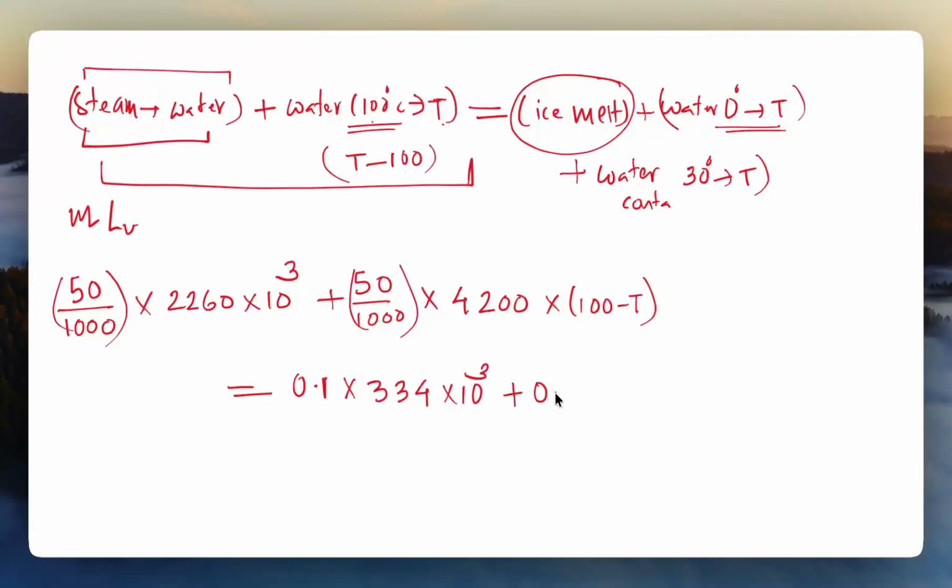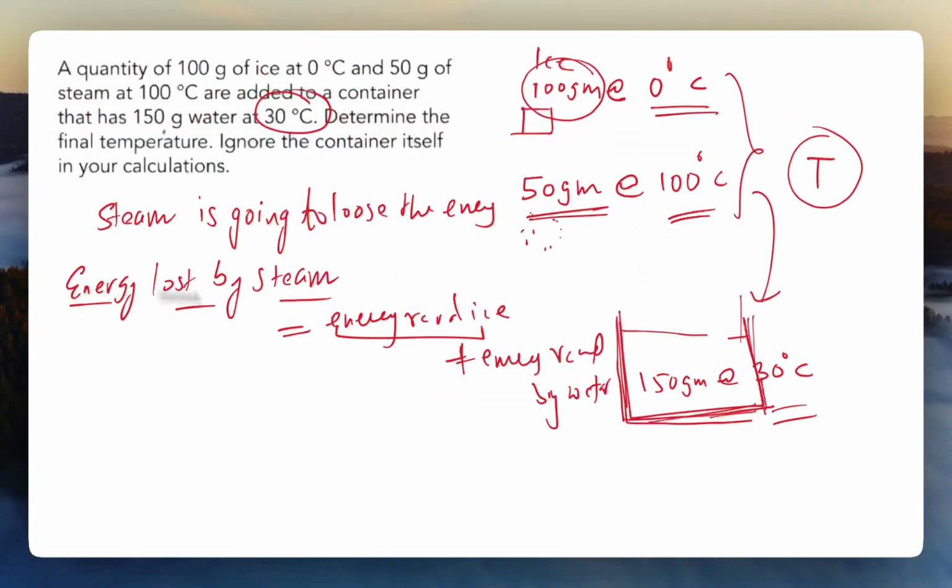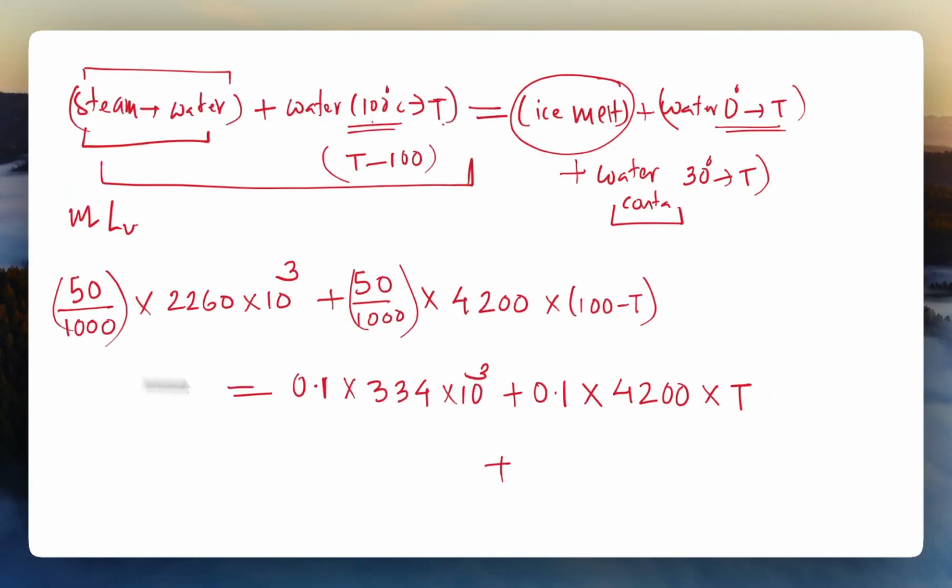So the mass is the same, 0.1, multiplied by 4200, and the change in temperature is T, from 0 to T. And finally, the water which is in the container, how much is its mass? 150 grams, so that is 0.15 multiplied by, again, the specific heat of water 4200. This time the change in temperature is the final temperature minus 30, so T minus 30.